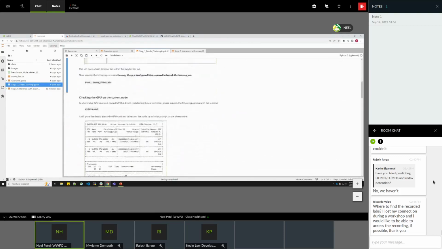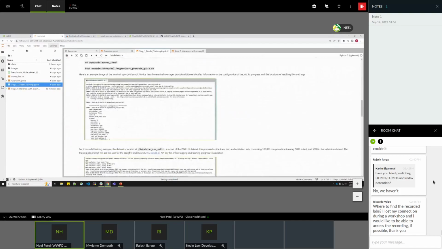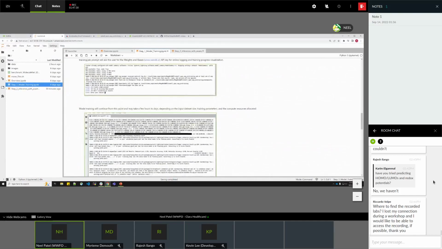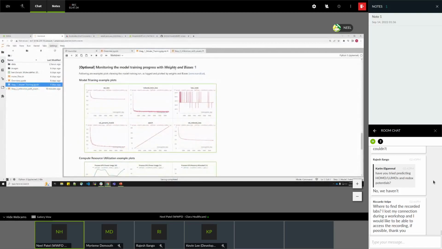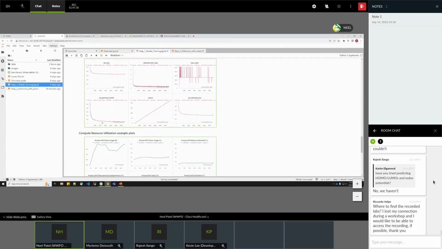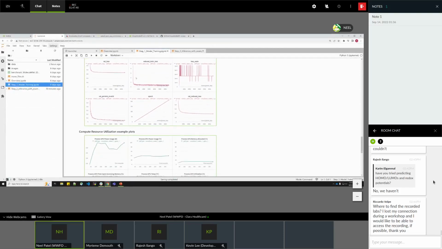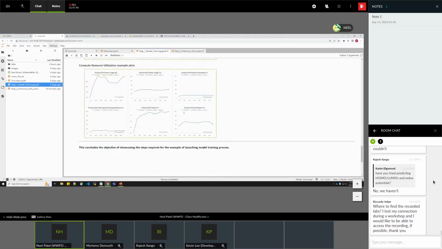If you follow the steps here, and I have provided some snapshots showcasing what it should look like, and if you have set up your Weights and Biases account by going to this lab, you will be able to monitor the progress of the training job in real time. For example, several parameters like what epoch, the loss values or training loss, or even the resource utilization, right? What are the different metrics of GPU and CPU utilization?